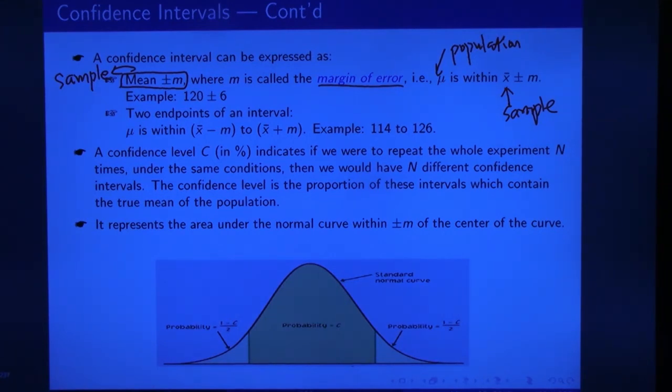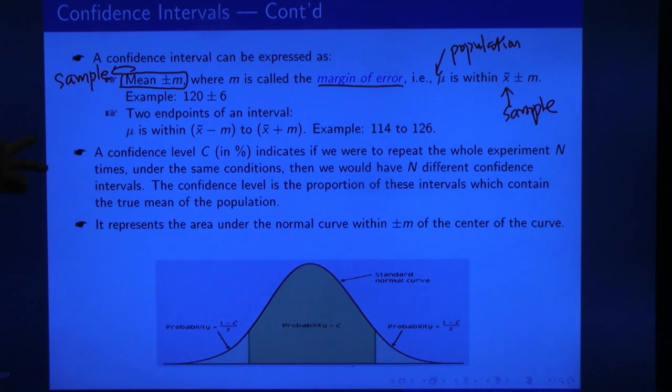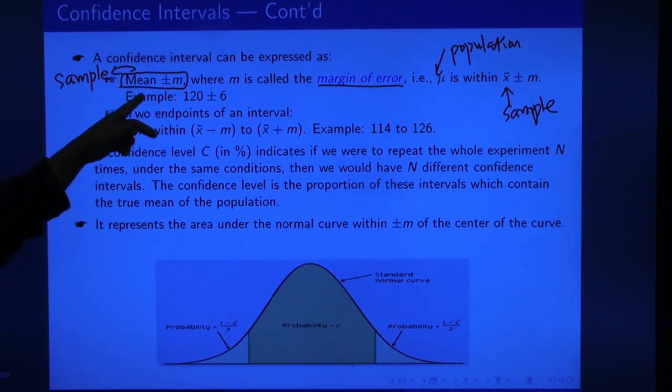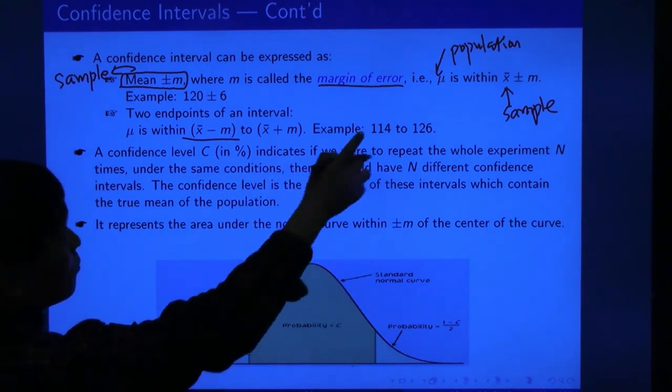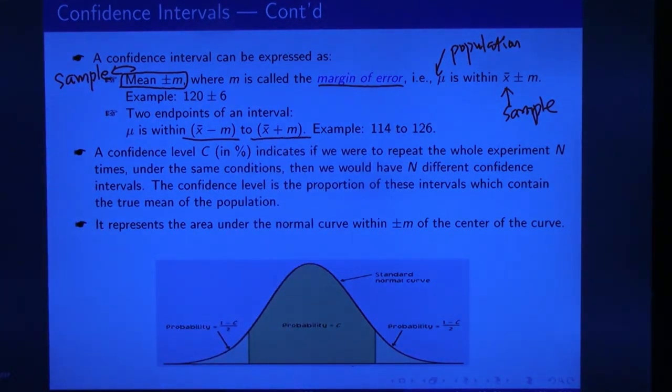The second method is called the two endpoints of an interval, because it is the mean plus and minus m. The smaller one, the left hand side, is the mean minus m. The right hand side equals the mean plus m. So we write x bar minus m to x bar plus m.